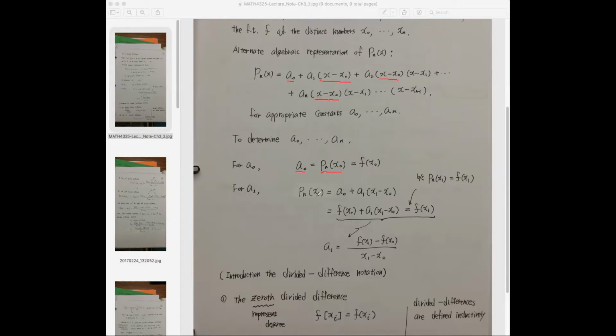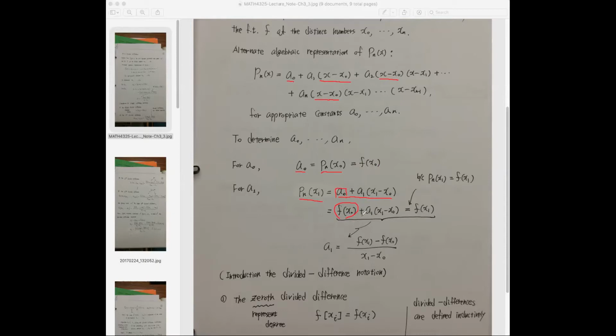Now we're going to plug x sub 1 into x. Then the first two terms are left, and we know that a0 is nothing but f of x0. So f of x0 plus a1 times x1 minus x0 must be equal to f of x1.